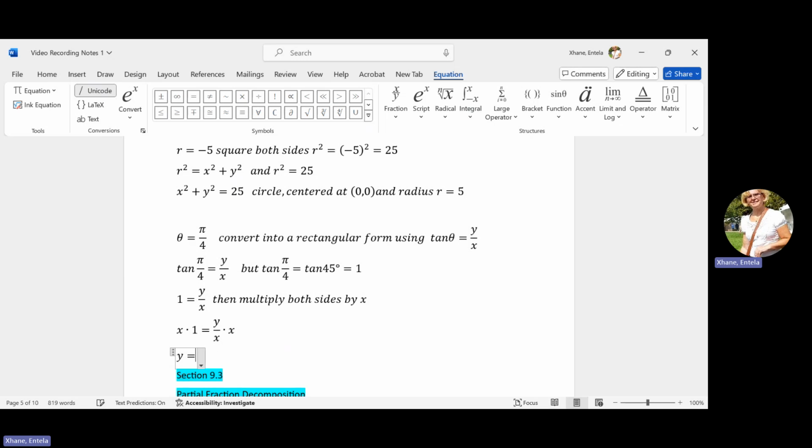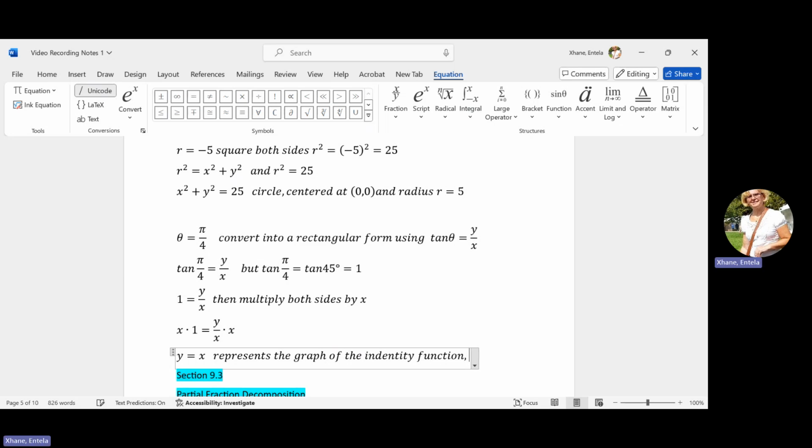And that is a pretty well recognized equation. This represents the graph of the identity function. A function is called an identity function if x is equal to y.